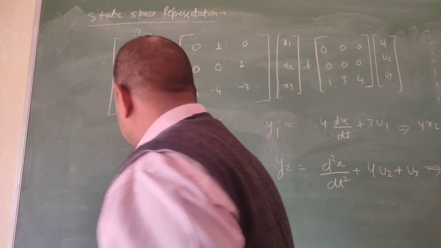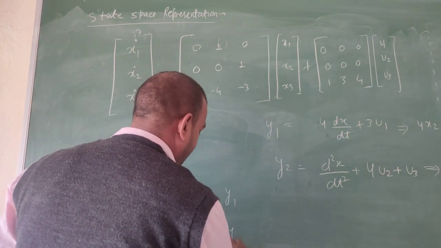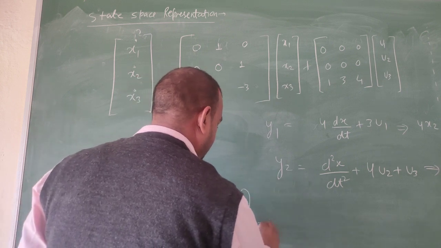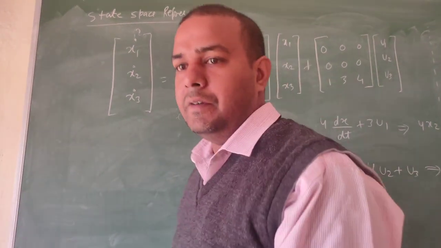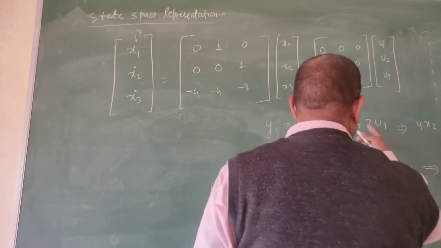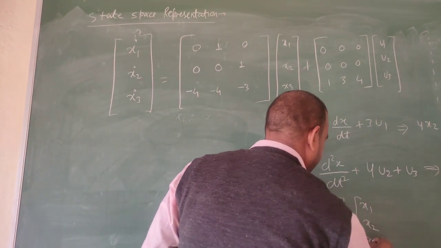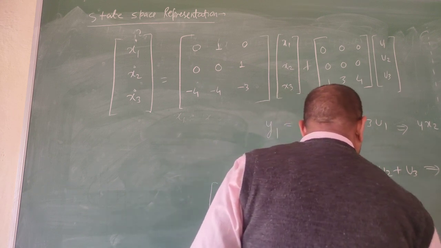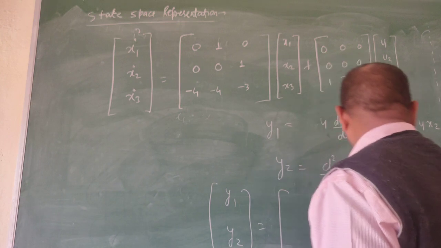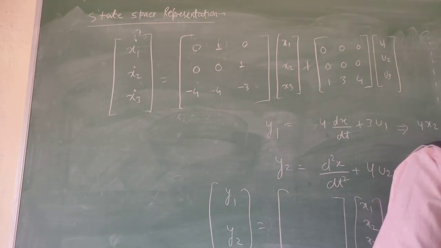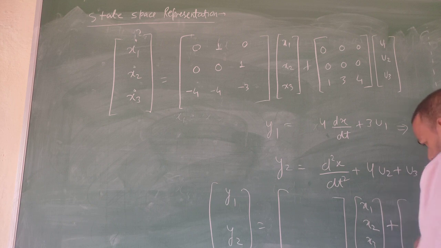So if I am going to write the output equation, y1 and y2 equals, you will see the matrix later, in terms of x1, x2, x3, plus the input signal, u1, u2, u3.